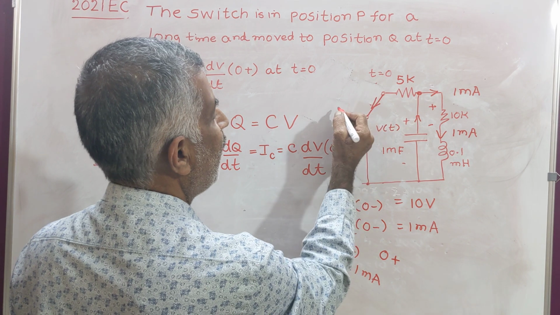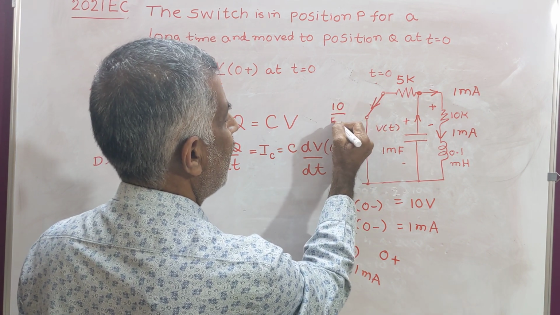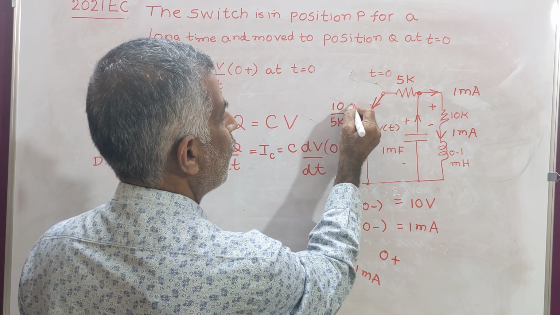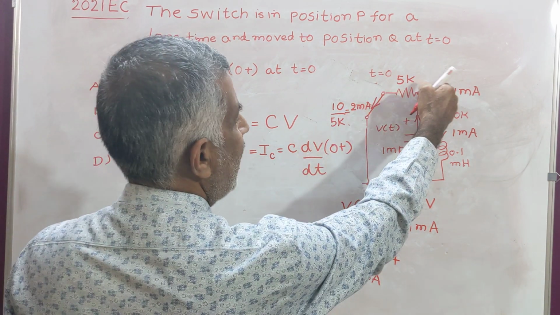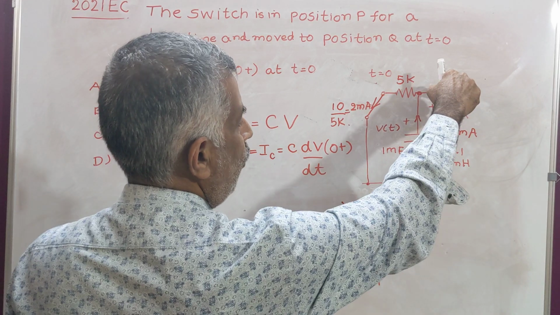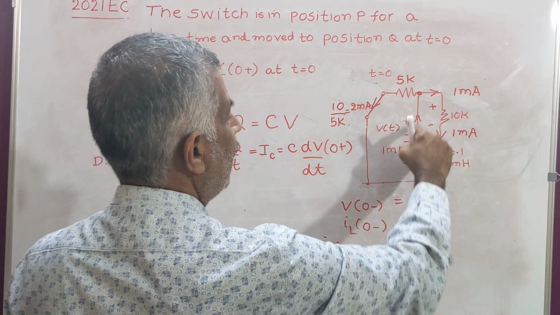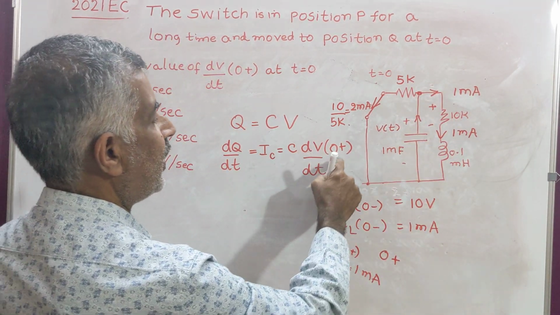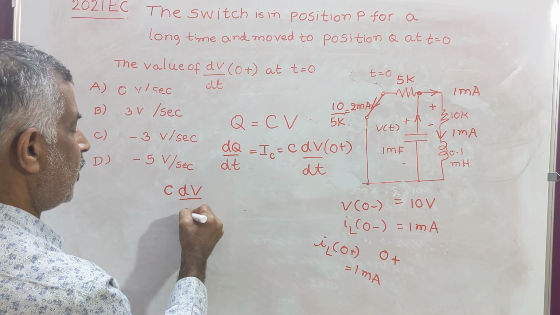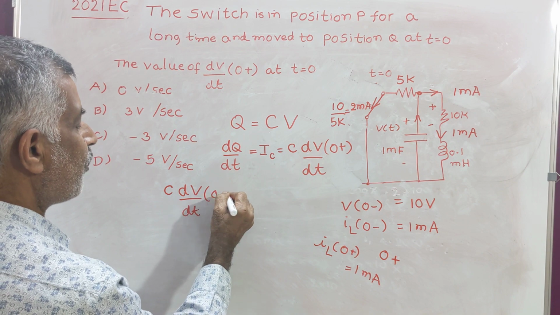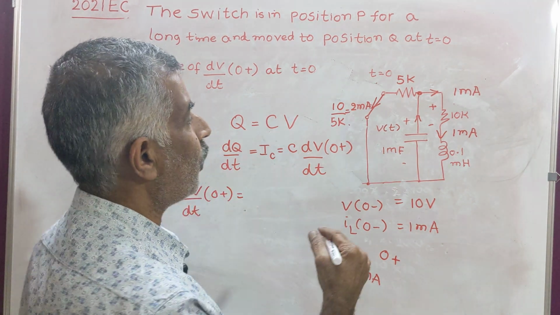Therefore, 10 divided by 5K equal to 2 milliamps. So current here is 2 milliamps. Current here is 1 milliamp. And current through this branch is C dV by dt at 0 plus. Therefore, C dV by dt at 0 plus incoming current is equal to outgoing currents.